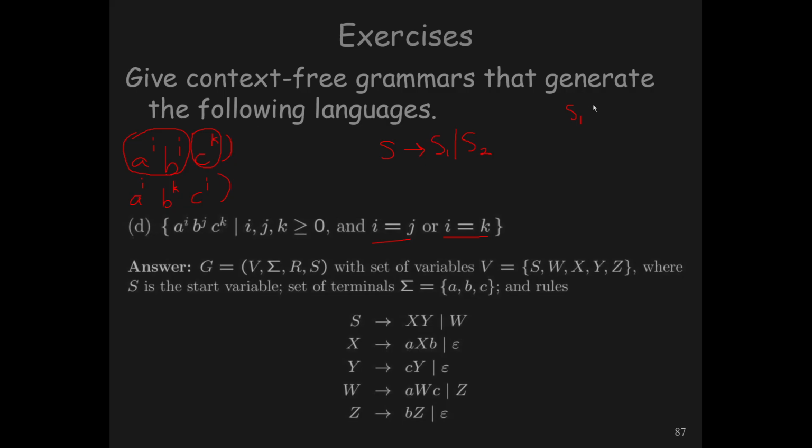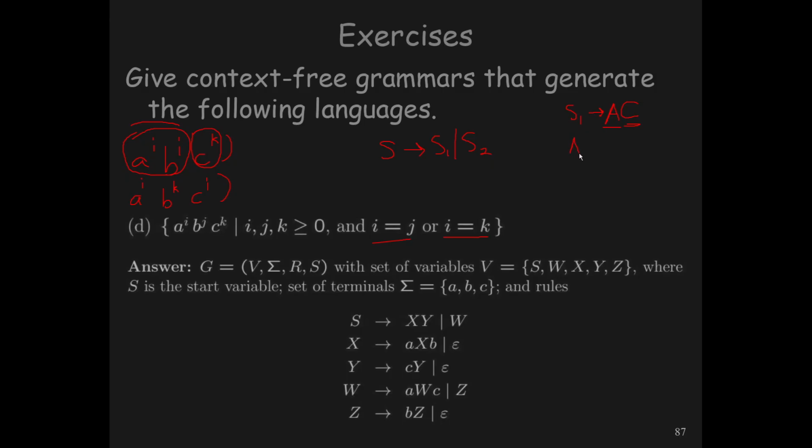So you can actually do this in kind of two phases as well. The first part is to generate the A's and B's, and the second part is to generate the C's, right? So we're splitting it into two different parts. The first part will generate AB, or ABB, or AABB, and so on. And the C part will generate multiple C's.